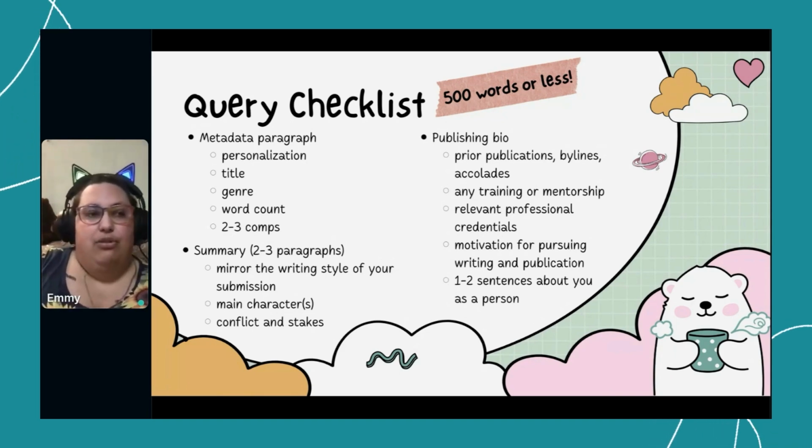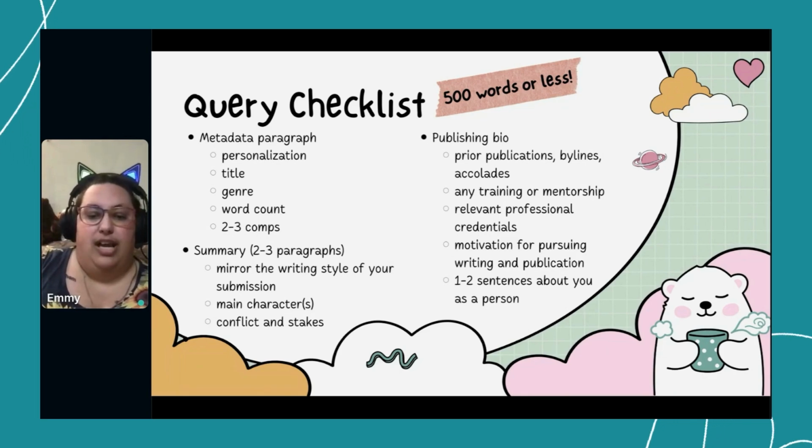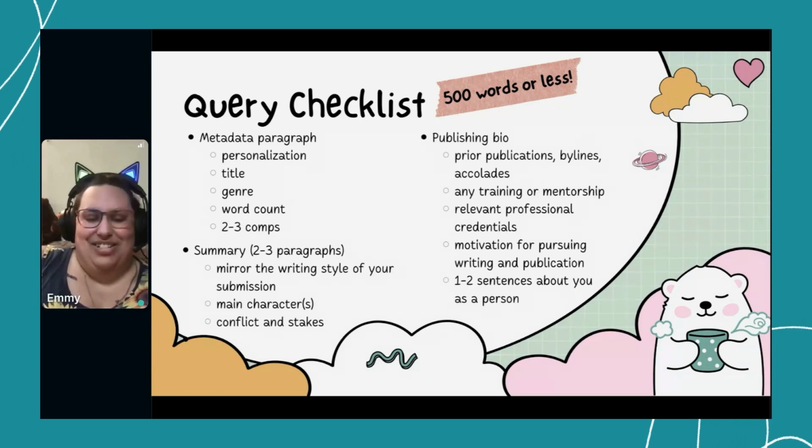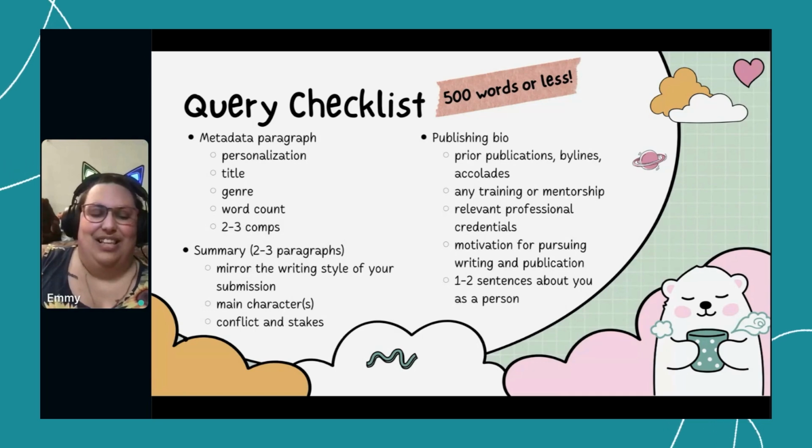So think creatively about the ways that your professional, working, personal lives have influenced your writing and your publishing journey. And that's what I mean by professional here, because when we're talking about querying, at this point you are a professional author. So that's where the professional part comes in. Any credentials that you have that are related to that professional life, throw them in there.